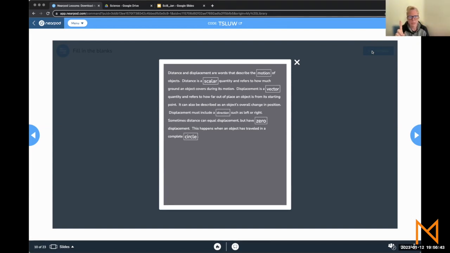Displacement is a vector quantity, and refers to how far out of place it is from the starting point. So we have to know its starting point and its ending point, and we're talking about its change in position. Displacement must also include a direction: left, right, north, south, east, west, up, down, whatever it is.